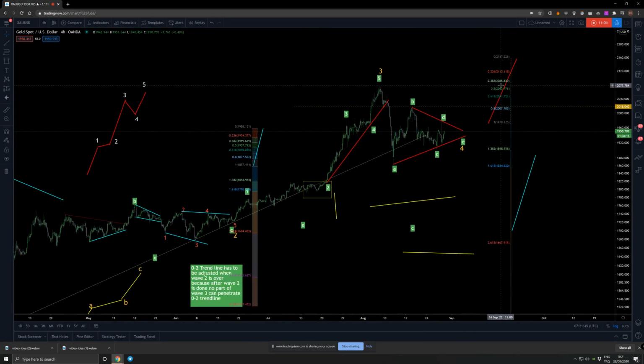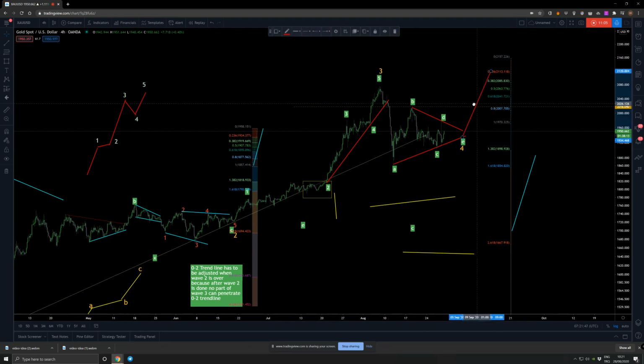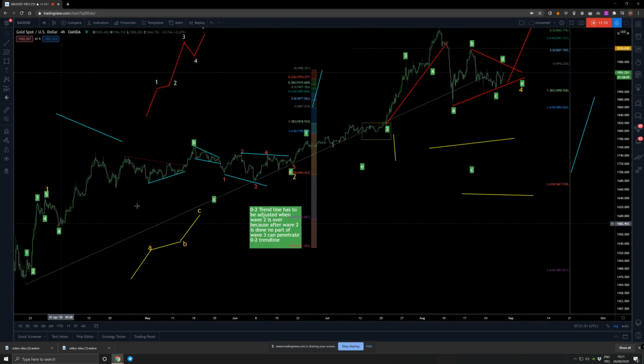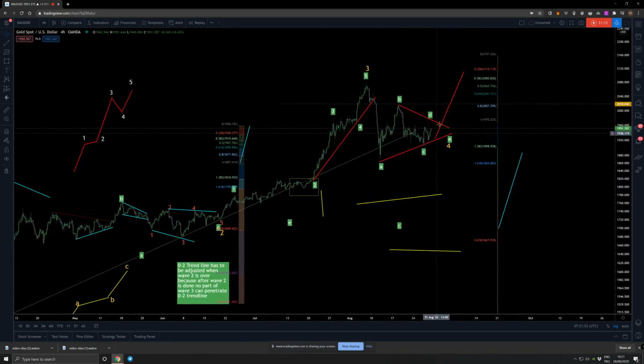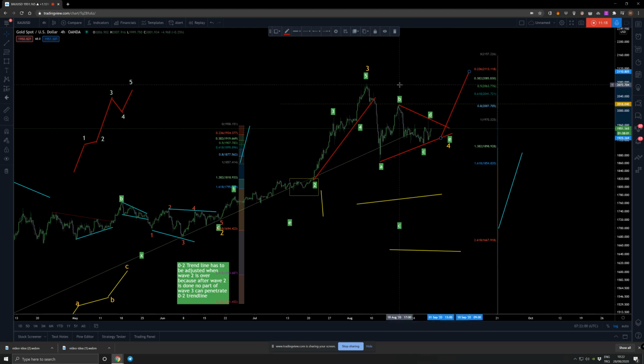So what I would think is that we may have a one-to-one, maybe a little bit smaller, maybe a little bit bigger. If that's the case, even if this whole concept doesn't work, we should make a new high if this impulsive wave still makes sense, okay?